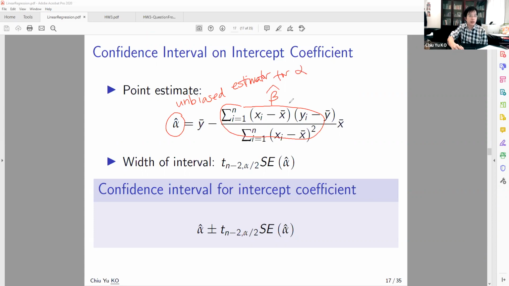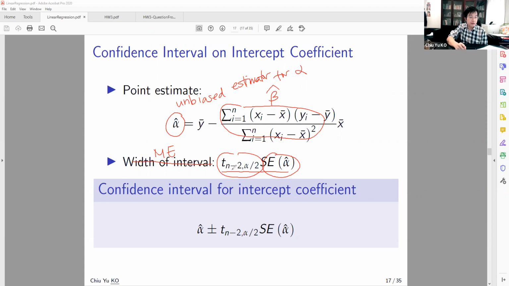So this is a good estimator, and the width of the, oh sorry, that should be margin of error. It's not the width of the interval, which would be multiplied by 2, so it's the margin of error. Okay, it's this guy times this. I think you know this very well.